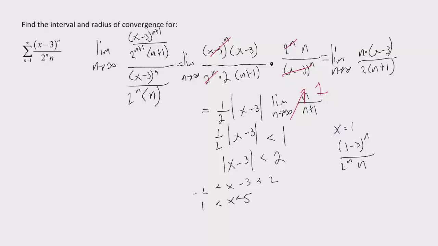Okay, so this is going to give me essentially an alternating term, because I have negative 2 to the n over 2 to the n times n, and I bring that out as negative 1 to the n times 2 to the n over 2 to the n times n, right? That's going to give me negative 1 to the n over n.